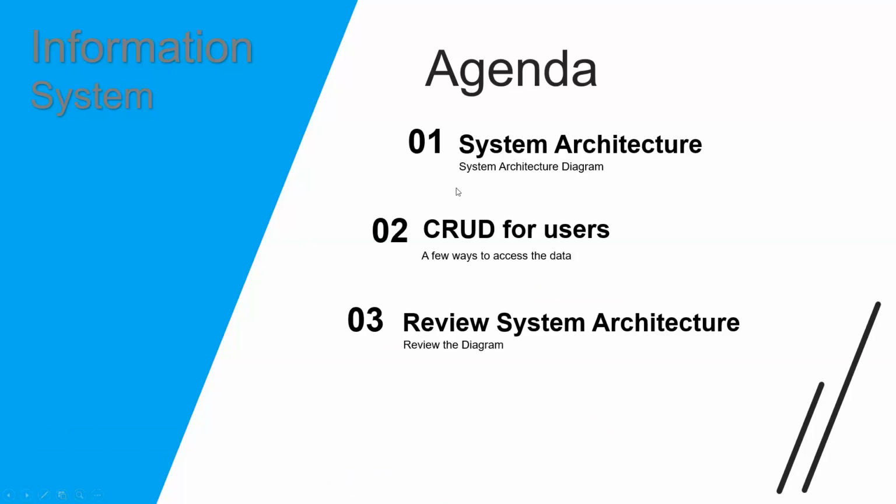And yeah, you need to also make a plan about your system architecture for your team project. And I will make another CRUD for users. And now the CRUD will be available on the web. And we will review the system architecture at the end.